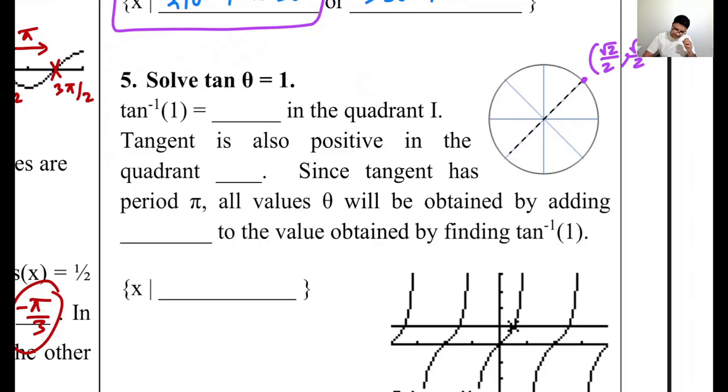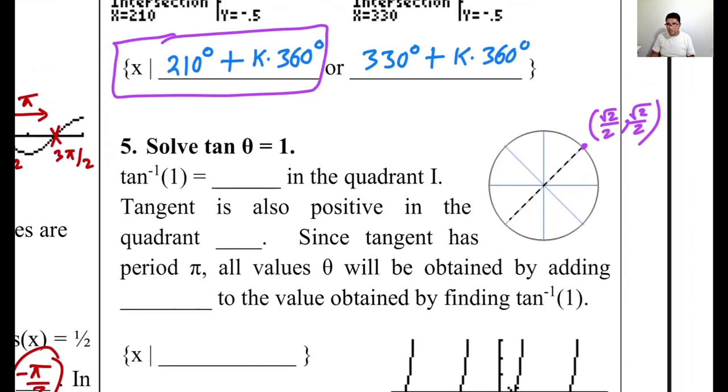45 degrees, right? Root 2 over 2, root 2 over 2. Tangent is y over x. So in quadrant 1, that happens at angle pi over 4. Okay. Tangent is also positive in the third quadrant.